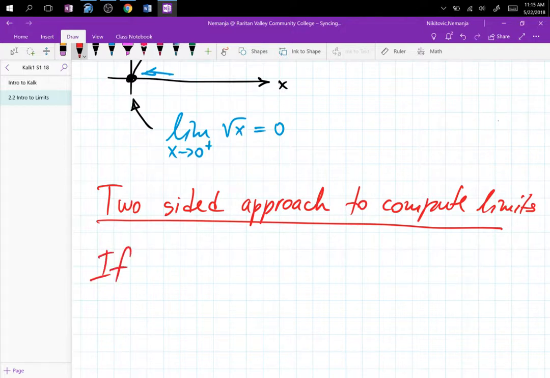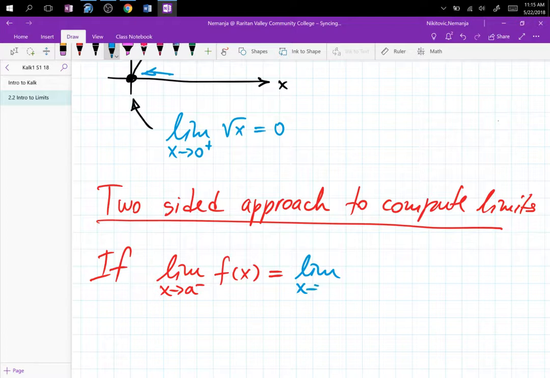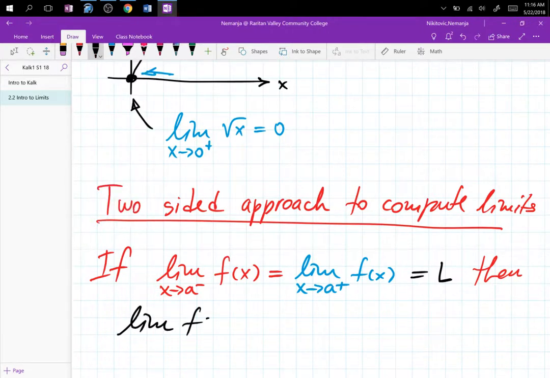So, if limit x approaches a minus of f of x, so that's your left approach, is equal to the limit x approaches a plus of f of x, is equal to whatever value L, then limit f of x as x approaches a, which is from both sides, right, is that.